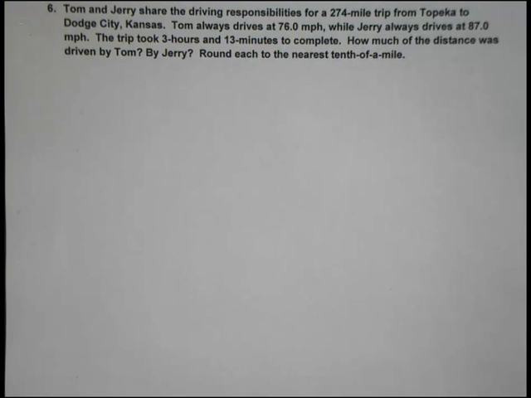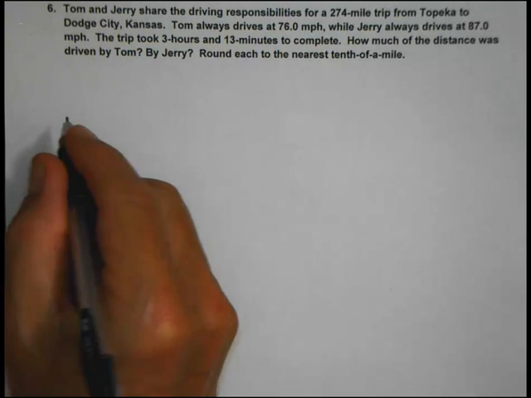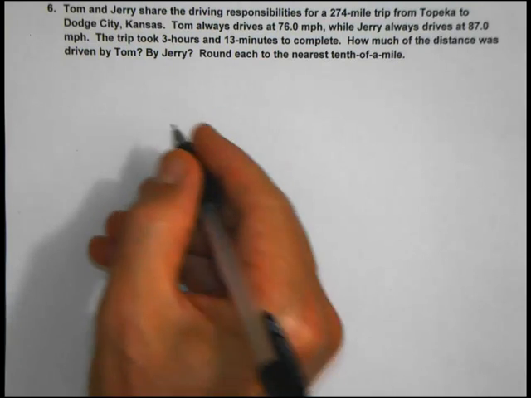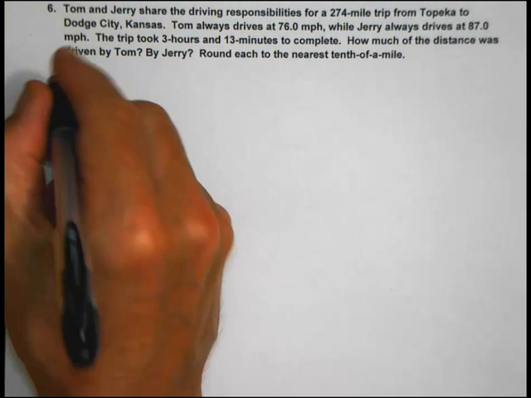Okay, let's see, for variables in this situation, what might be good? Since we are asked for the distances driven by Tom and Jerry, those could be okay variables. Alright, we'll try that.